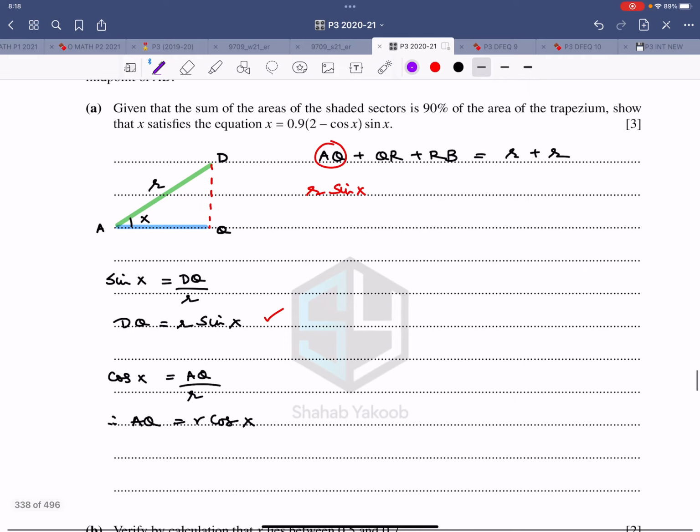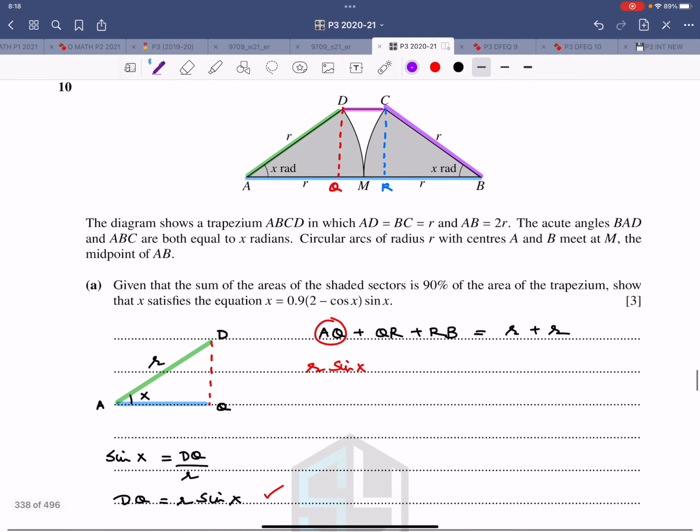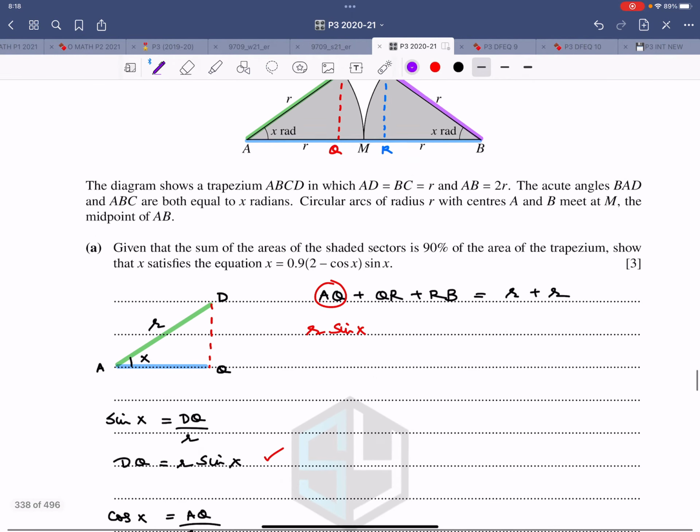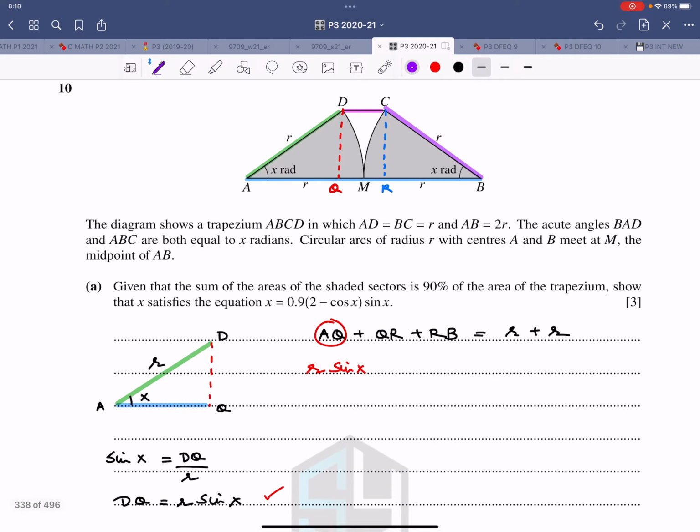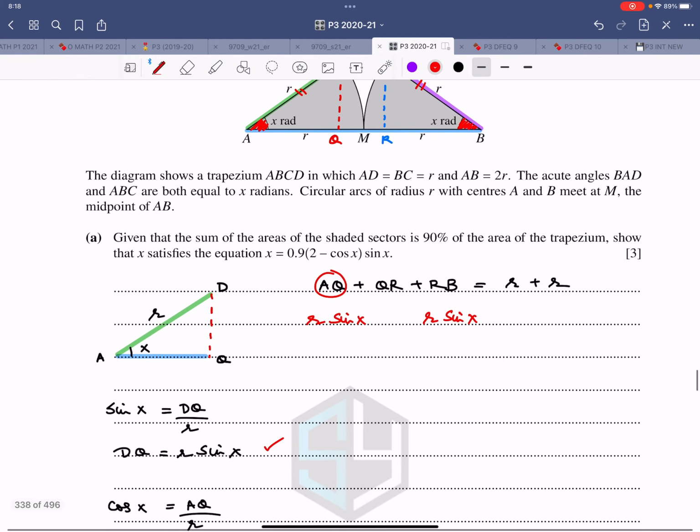I don't need DQ. And since it's the same length, it's an isosceles triangle. So RB is also R sin X. Got the idea? This is R and this is angle X. And this is R and this is angle X. Therefore, these two sides are equal. So it is isosceles. So therefore, write a QR over here.